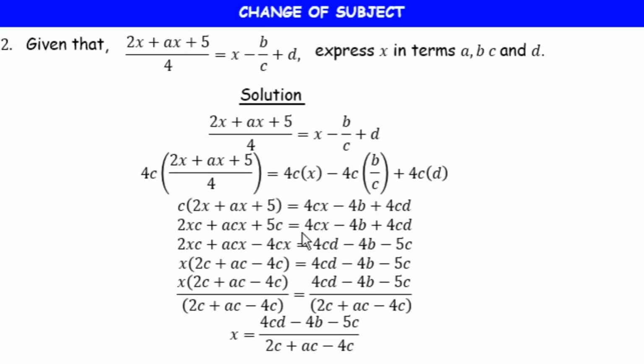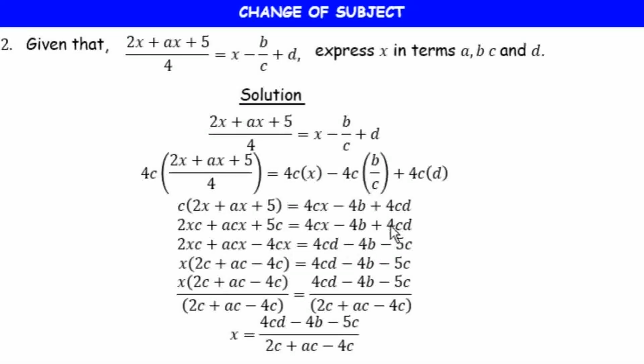I'm going to move the 4cx to the left side of the equation. Because it is positive here, when it comes to the left side of the equation, it becomes minus. So we're going to have 2xc plus acx minus 4cx is equal to 4cd minus 4b minus 5c.